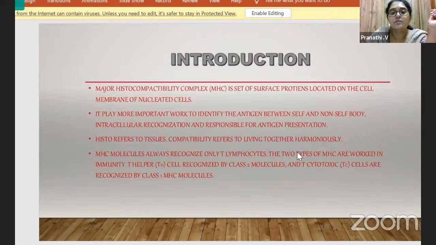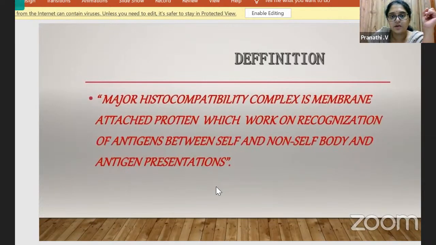Histo refers to compatibility, living together in a harmonious manner. The MHC molecules recognize T lymphocytes, and two types of MHC molecules are there. T helper cells are recognized by class 2 MHC molecules, and cytotoxic T cells are recognized by class 1 MHC molecules.